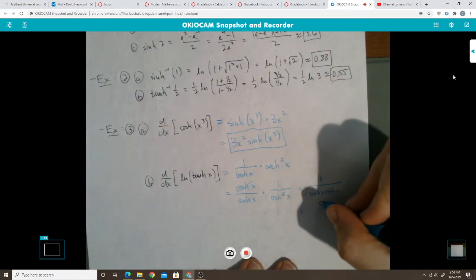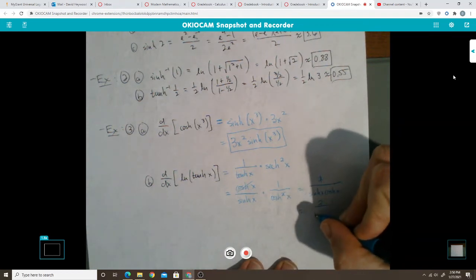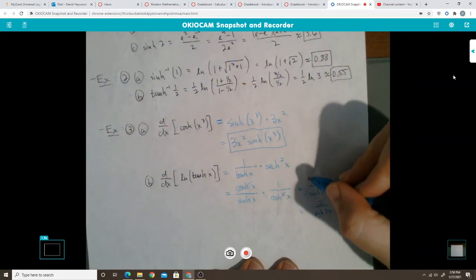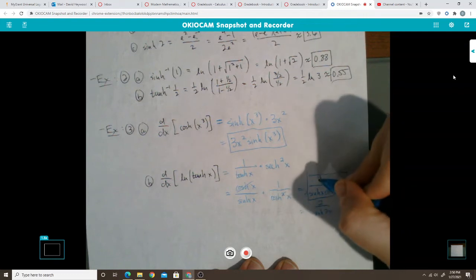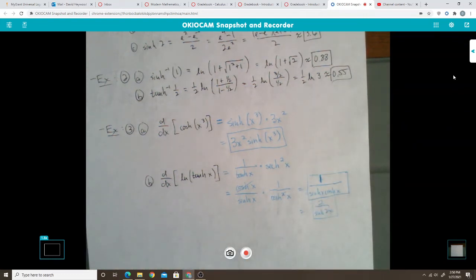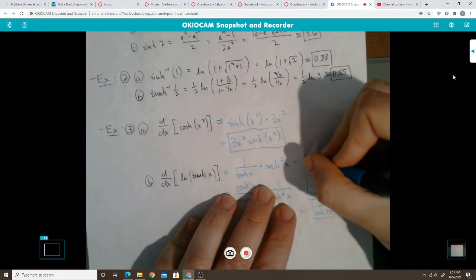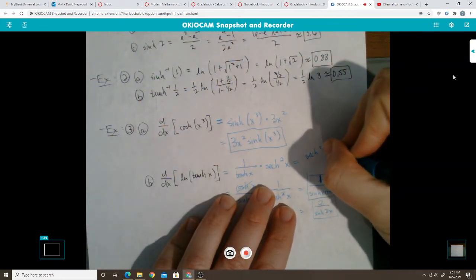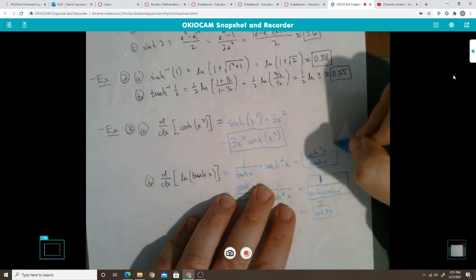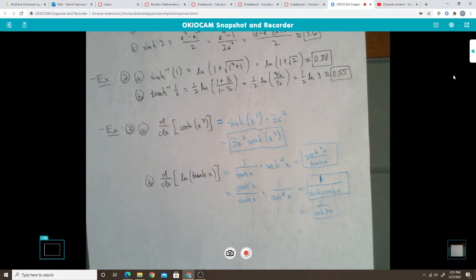So I could say this is also 2 over sinh 2x, which, depending on your preference, maybe you like this better, maybe you like this better. It doesn't really matter. It's the same thing. Or I guess you could have even left it as sech squared x over tanh x, right? That's also fine.